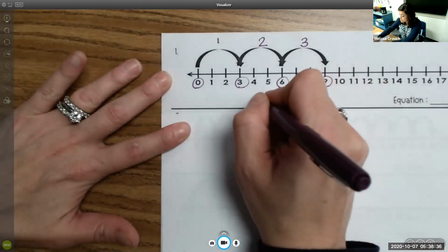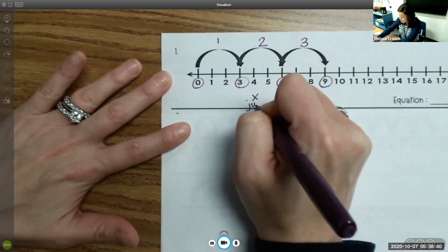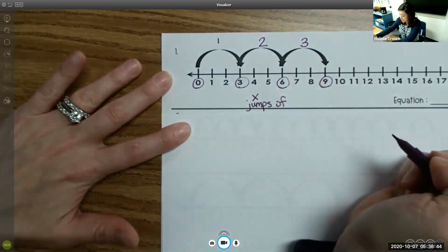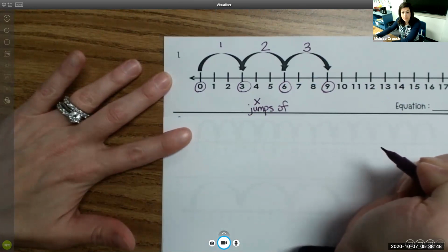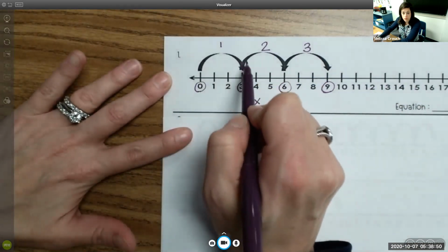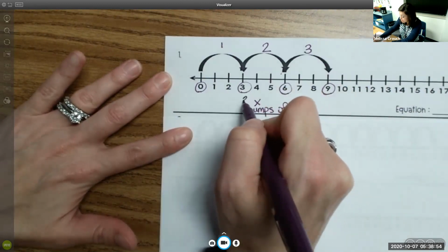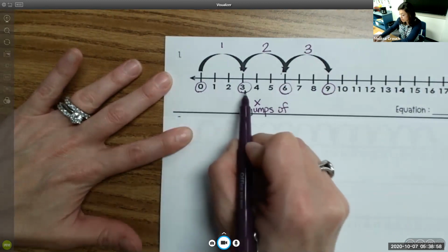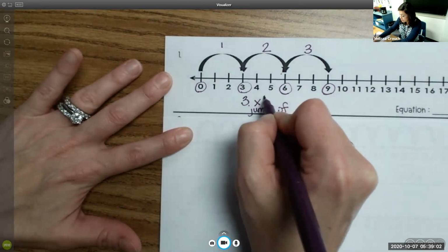So our multiplication symbol means jumps of. Okay, so how many jumps did we make? We made 1, 2, 3. So we made 3 jumps of, and what were we counting by? 3.